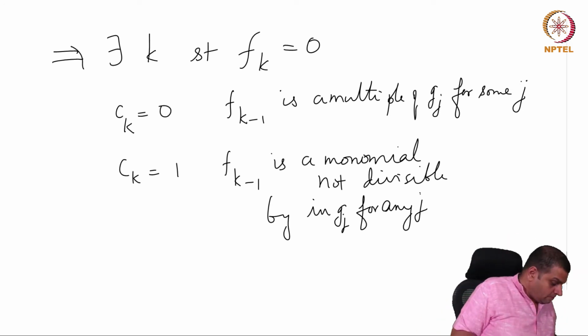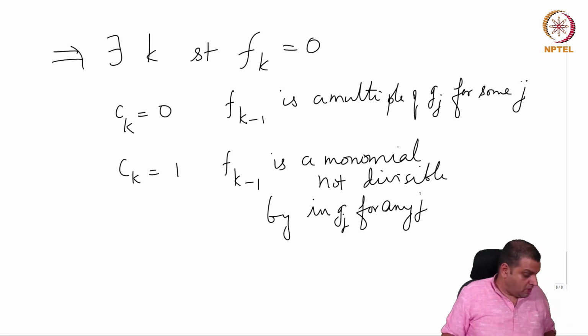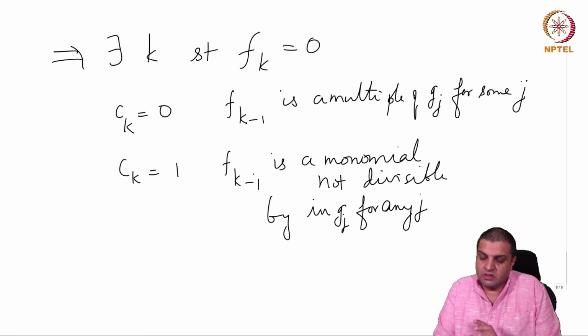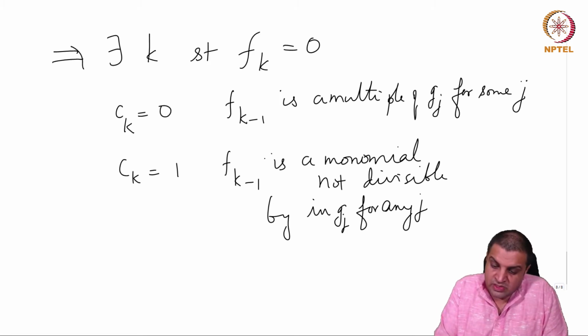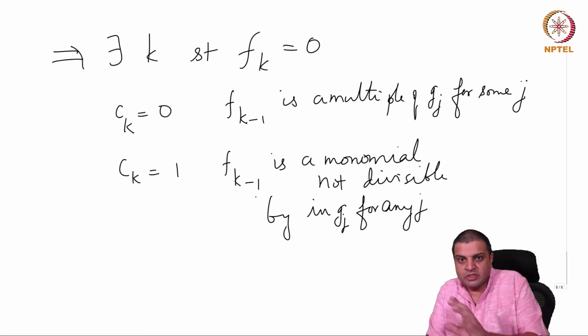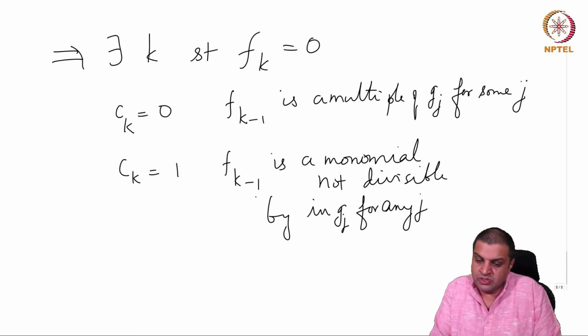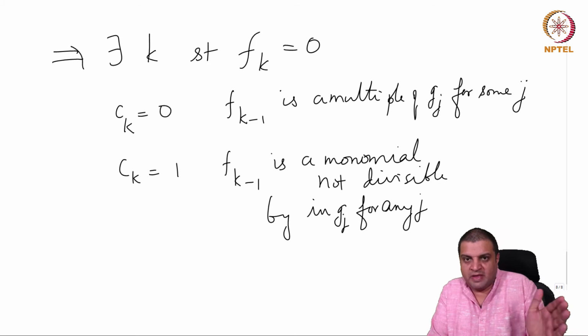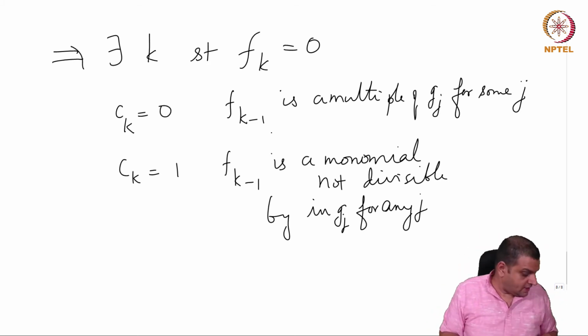Each time we see a term like this, we will keep it with the remainder. Each time we see a term like this, we will add that to the sum of ai gi. So that's the idea.